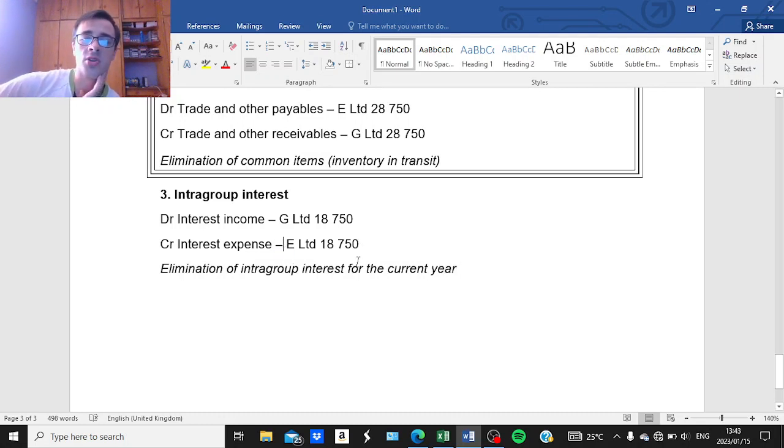Remember once again, this journal entry is not necessary. It just helps you to understand the adjustments that need to be made.